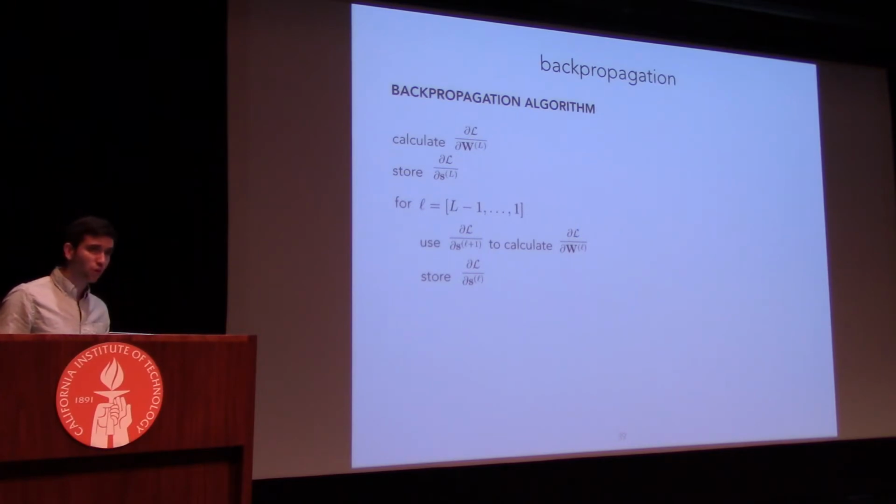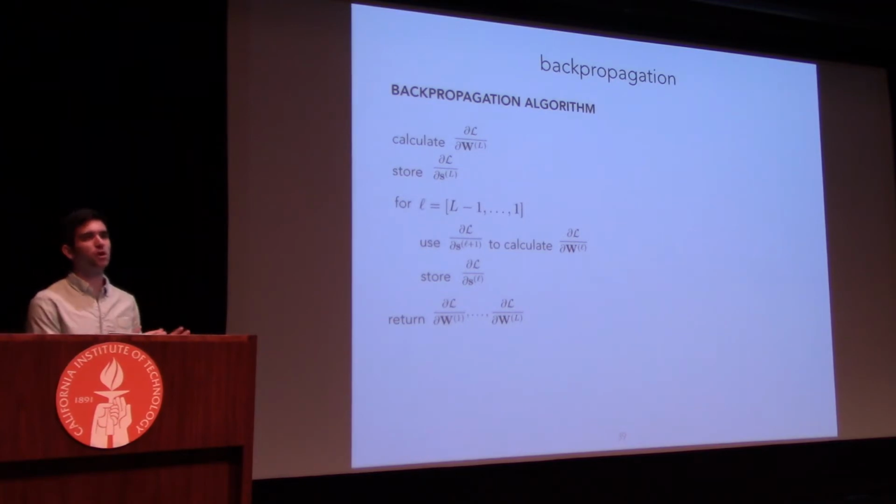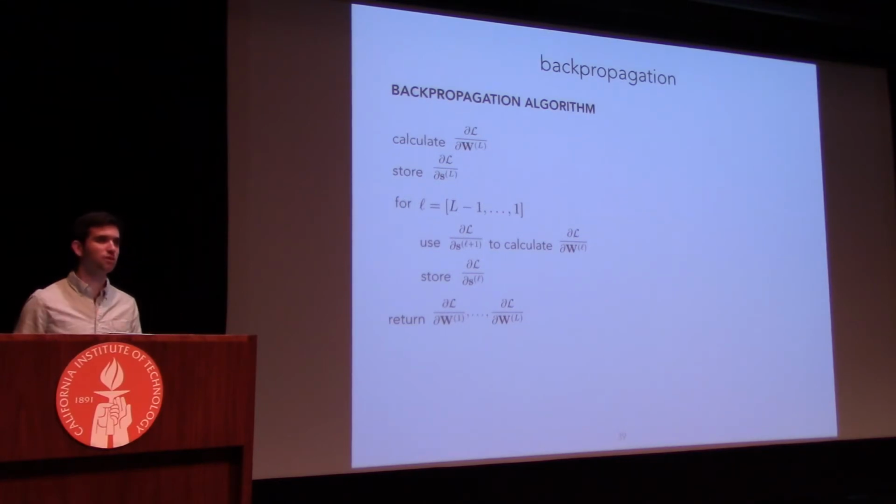And then I'm going to store the derivative of the loss with respect to that summation that I have now calculated as I've gone backward. And at the very end, I'm going to return all of these derivatives. So backpropagation is purely just chain rule applied to neural networks, and you use it to calculate gradients. That's all it is.